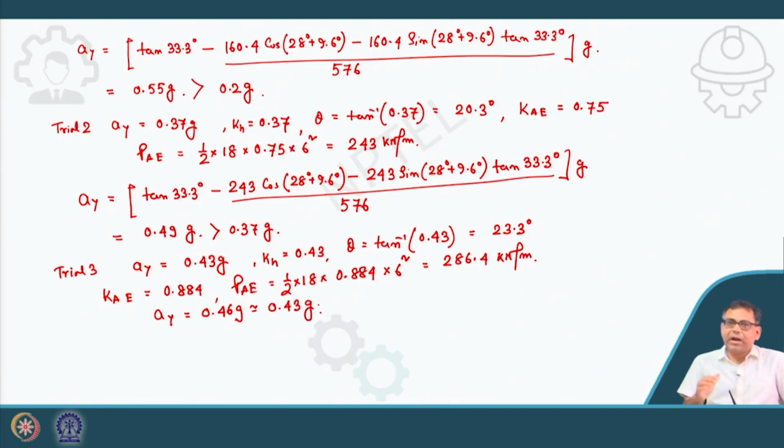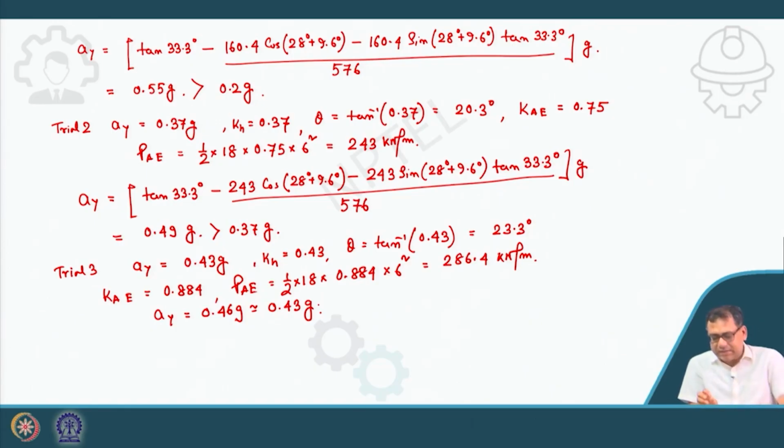But you can go for another trial with, say, considering your AY is equal to 0.45 G. There you can go for another trial also and you will get a new value which may be slightly close to the value which I have got in trial 3.